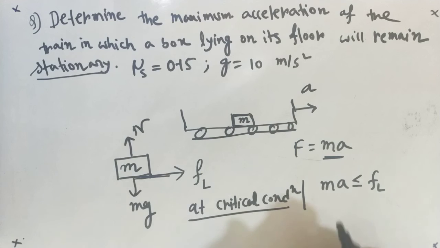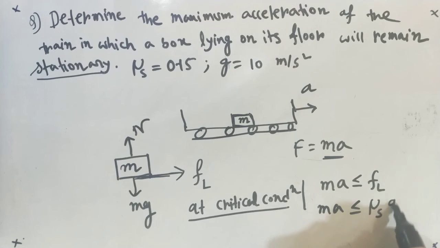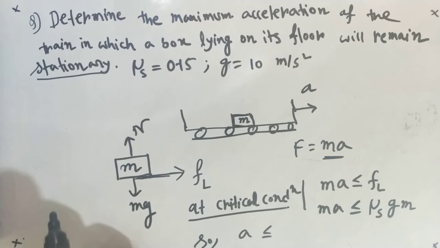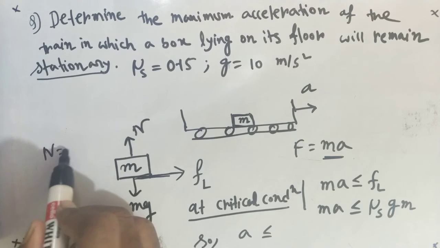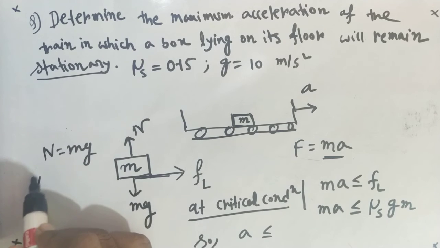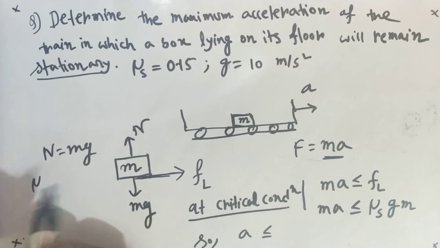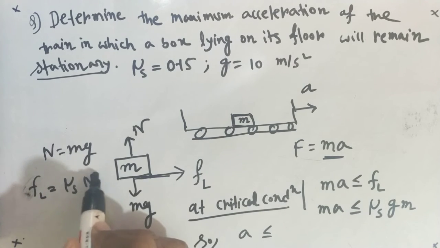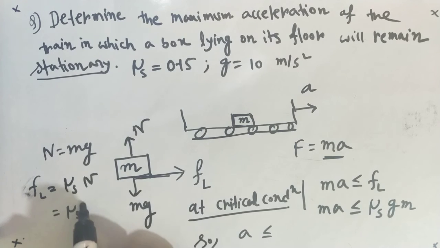So ma should be less than or equal to FL, which means mu s into N. Here N is equal to mg, and FL is equal to mu s into N, so FL is mu s mg.